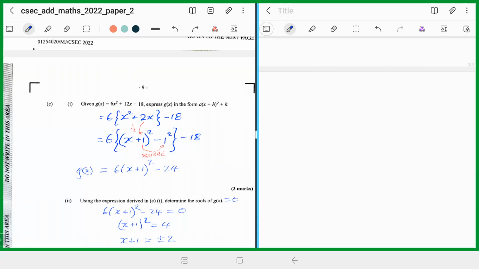All right. So let's say we have the same function, g of x equals 6x squared plus 12x minus 18. And we're going to say our domain is that x is real. That is all. X is real.